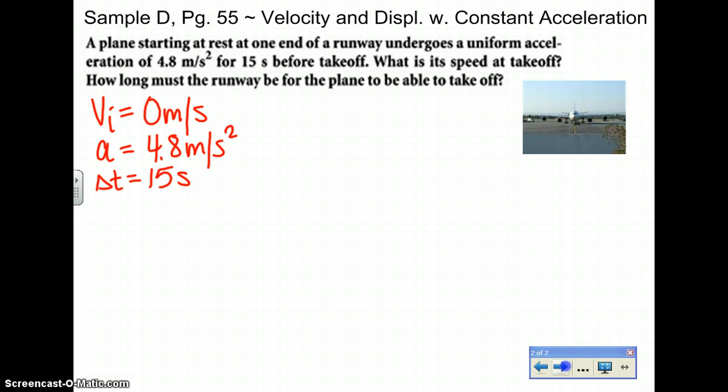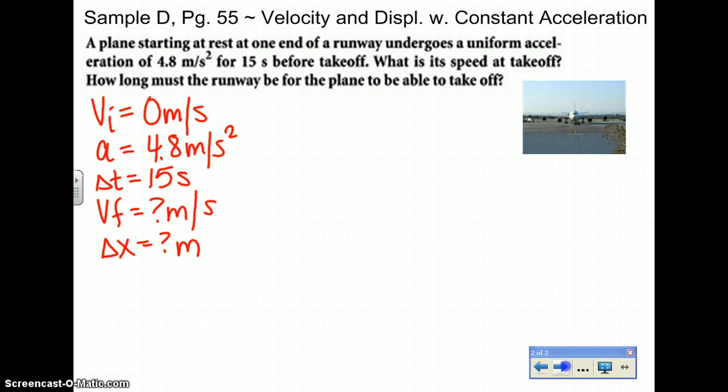What is its speed at takeoff? And how long must the runway be for the plane to take off? That is not time, that would be displacement in meters.